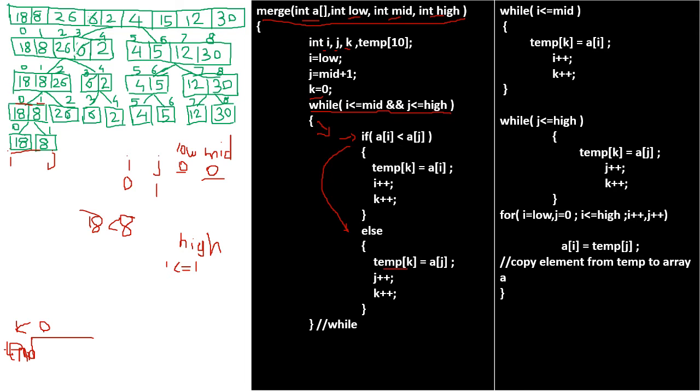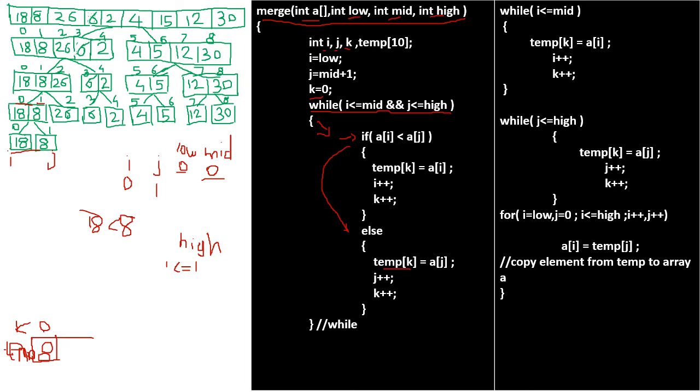Temp of k means temp of 0, which is equal to A of j. A of j means 8. In the temporary array at the 0th index, we store the value 8. After that, j++ and k++.